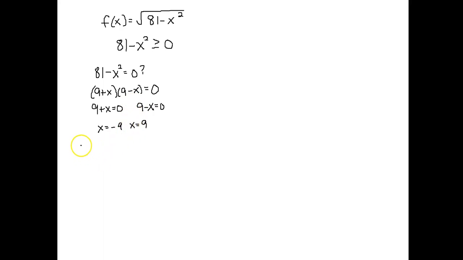If you look from negative infinity to negative 9, you can plug in, let's say, negative 10. You do that, you're going to get a negative result. If you look between negative 9 and 9, let's say you plug in 0, you're going to get a positive result. And then something from 9 to infinity, plug in 10, you get a negative result. So where is it greater than or equal to 0?